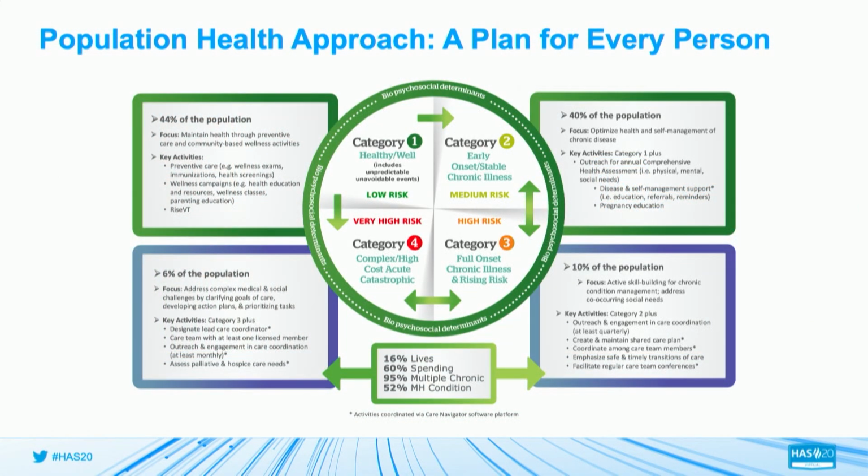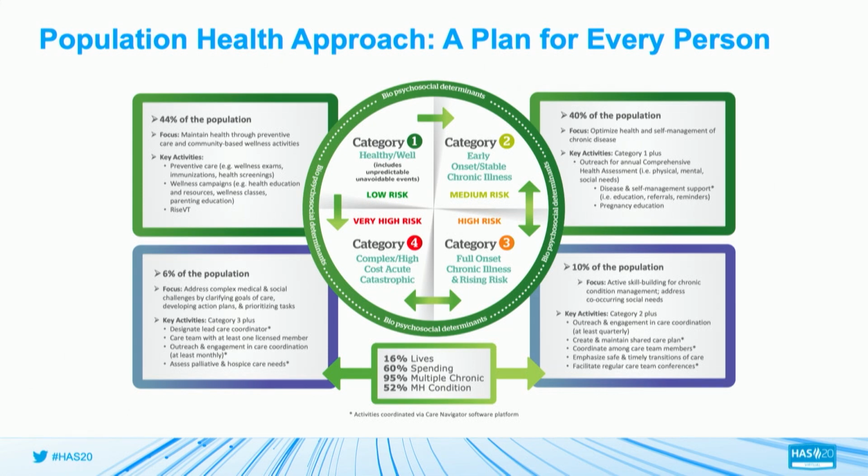So this risk stratification and prioritization, all based on data, really is the underpinning of our population health approach. So in this visualization, you can see the 4 risk levels that we create based on those risk scores: low risk, medium risk, high risk, and very high risk. And there's recommendations for engagement under the model based on these predicted risk levels for each year.